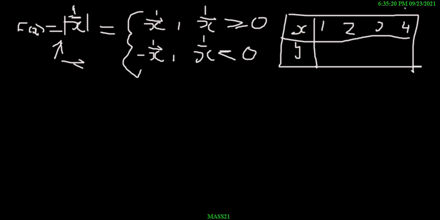If we put 1 there, y is going to be 1. We put 2 there, y is going to be 0.5. We put 3 there, y is going to be 0.3. We put 4 there, y is going to be approximately 0.25.